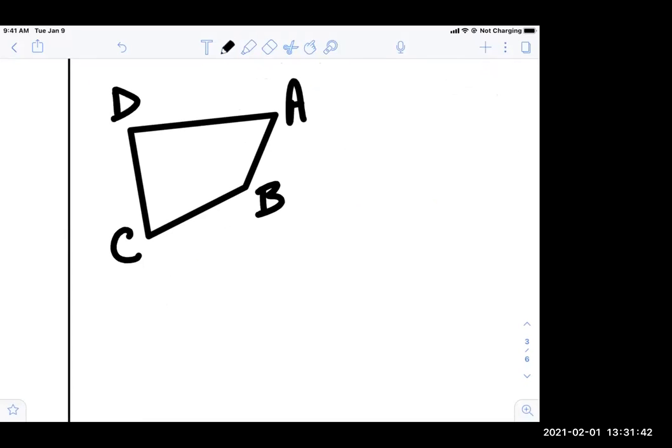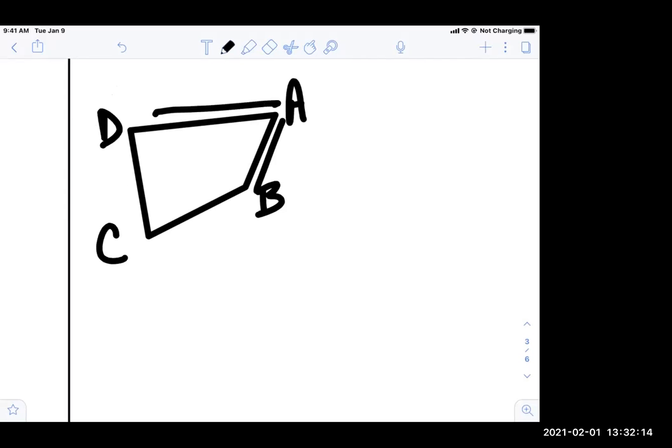So even if you don't have a picture to look at, you need to make sure you understand which are sides and which are diagonals. Because if you draw it incorrectly, like if you accidentally put C here and D here, then when you think you're looking at a diagonal AD, you're really looking at a side.